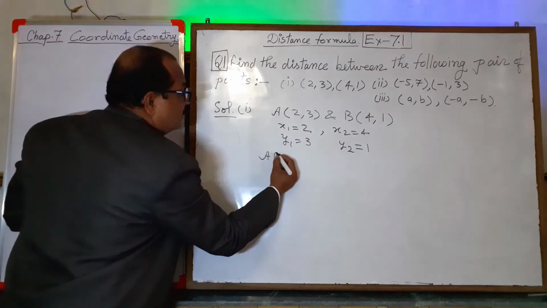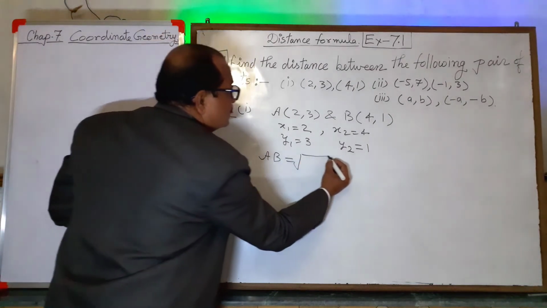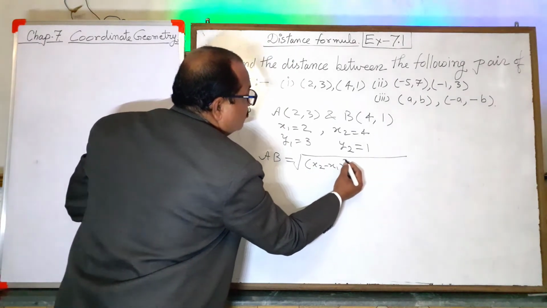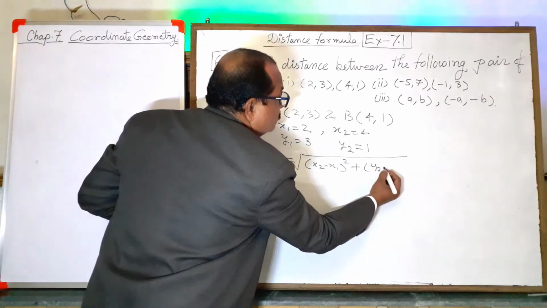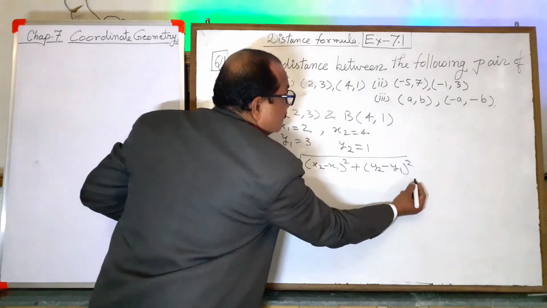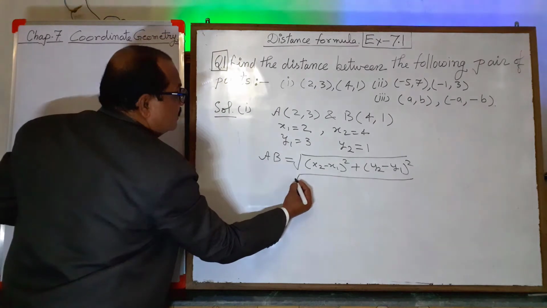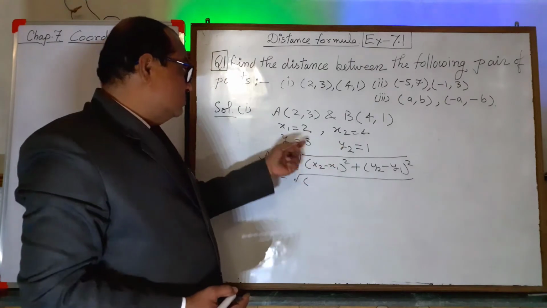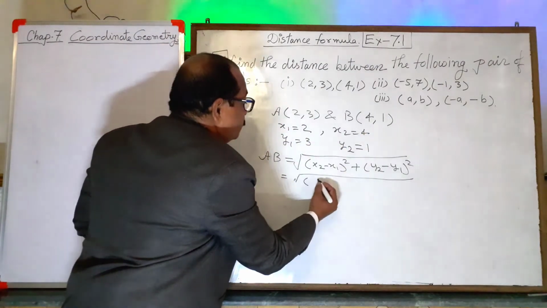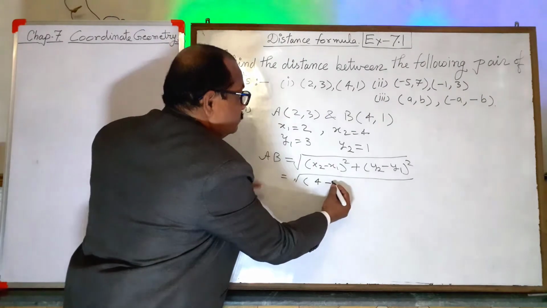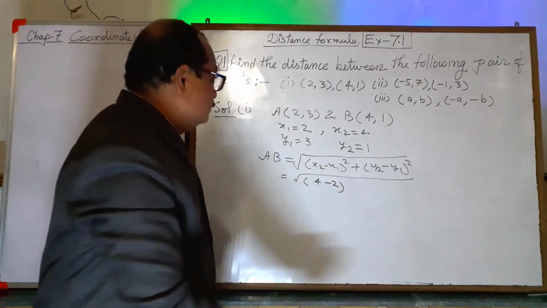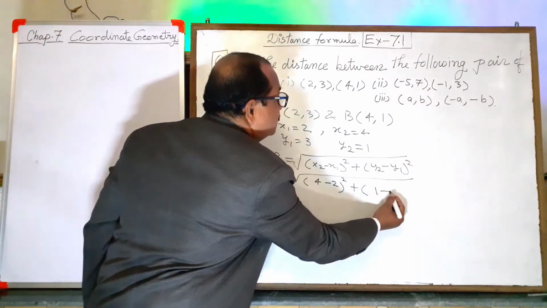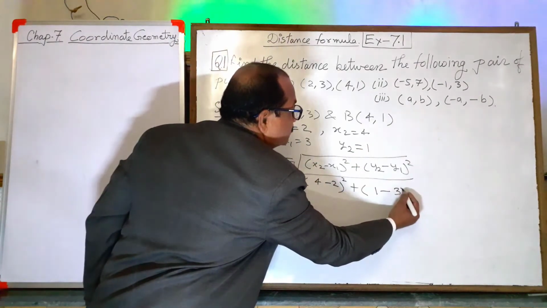Now apply the distance formula, as you had studied, x2 minus x1 whole square plus y2 minus y1 whole square. Putting the values here: 4 minus 2 whole square plus y2, which is 1, minus y1, which is 3, whole square.